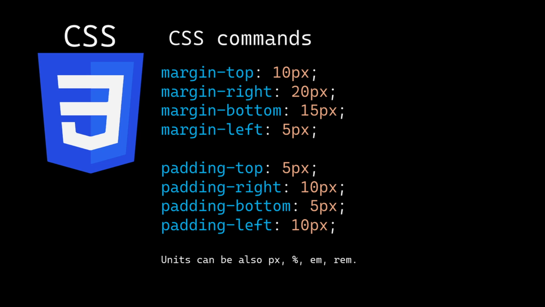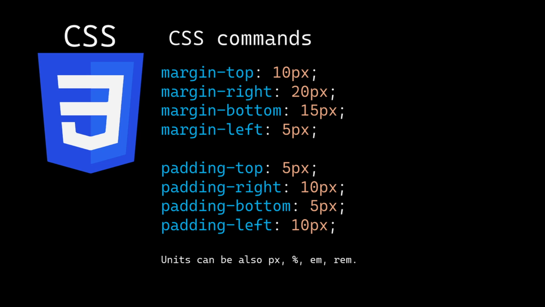Then we can do it from the right. This also allows us to set just one separately without setting the others, so in some cases it can be more useful. The same thing is true for padding.